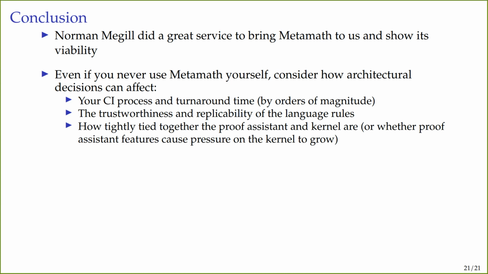Sometimes the design of the language makes it so that every time you add a proof assistant feature or there's a request by a user, it causes pressure on the kernel. It causes some desire for the kernel to need to encompass that and grow and get more complicated. And to my mind, this is the primary reason why the kernels of Coq and Lean are as complex as they are: it's driven by this need for the kernel to do computation.